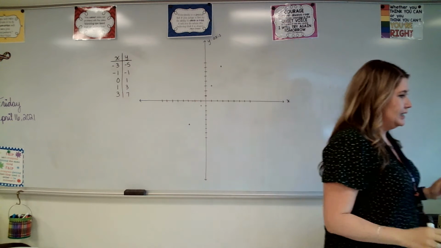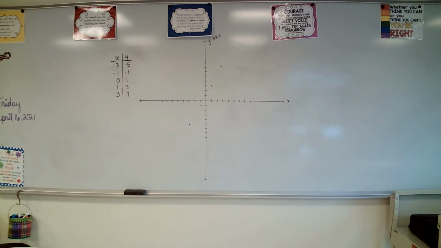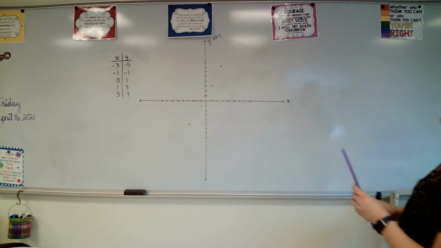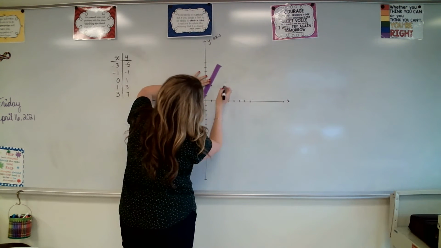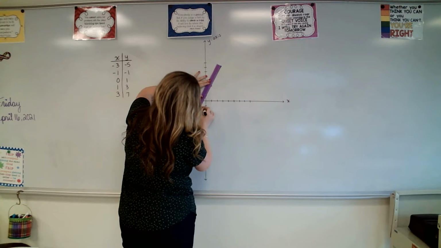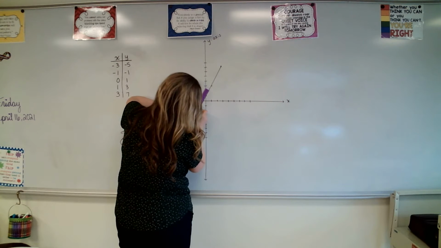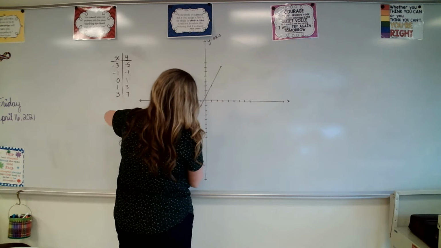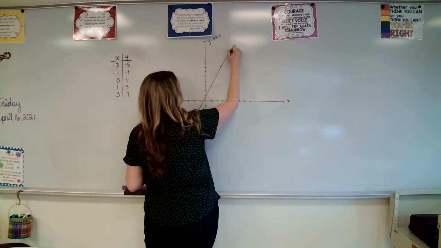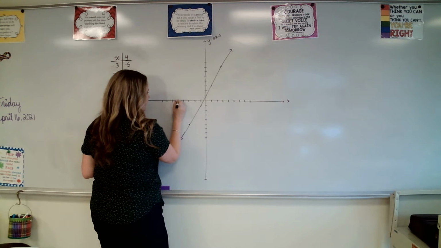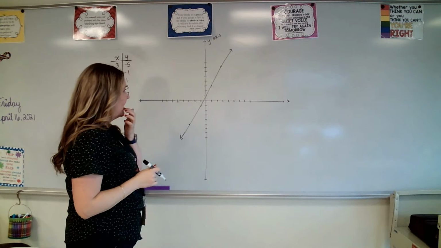Now I'm doing that freehand, so it's not going to be perfect, but it's going to roughly make a line that looks like this. And now this line is going to go on and on forever and ever, but we're just looking at these values right here.